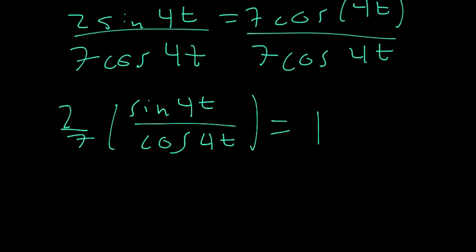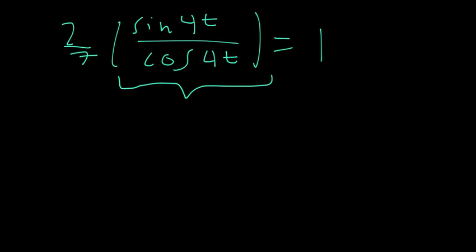And now what we can do is rewrite this term that I have in parentheses as the tangent of 4t, since tangent is just equal to sine over cosine. So then what we'll have is 2/7 times the tangent of 4t is equal to 1.